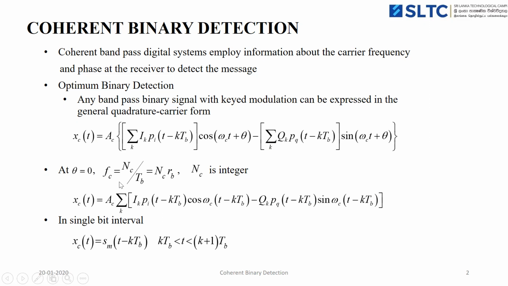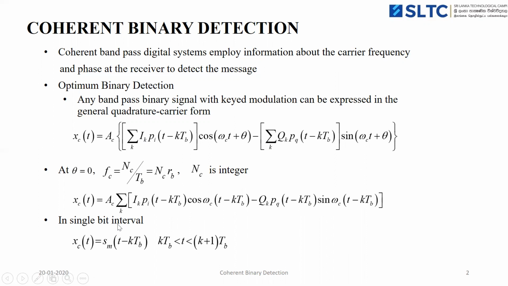In that case, we can relate the carrier frequency with the bit duration Tb, so fc equals Nc by Tb, where Nc is some integer. You can see here the summation term is common for both the in-phase and quadrature terms, so we can take it outside. We can rewrite the carrier modulated signal Xc of t as Ac times the summation of the in-phase and quadrature terms.